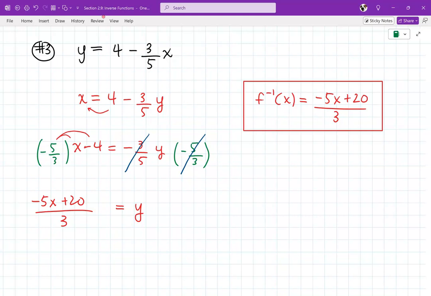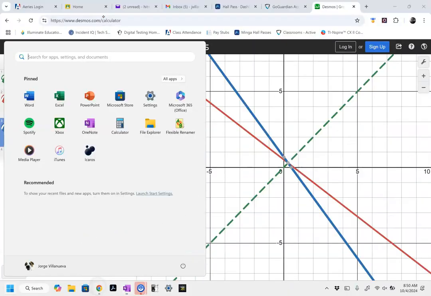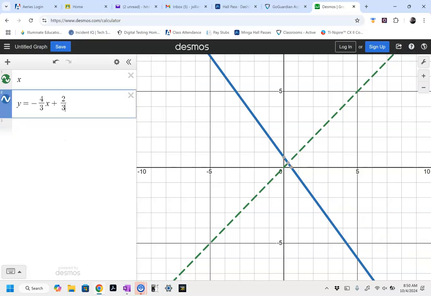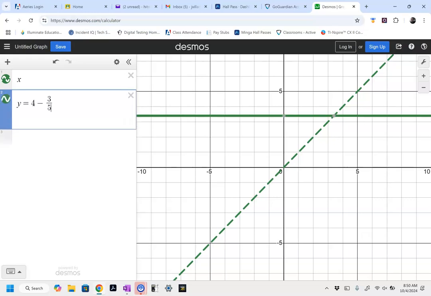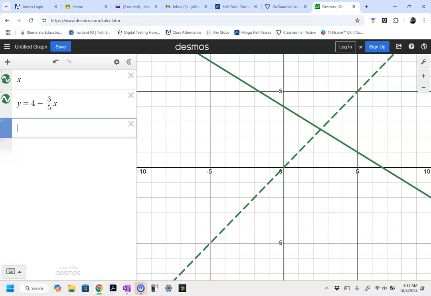So 4 minus 3/5 x. Let me check it. So I'll erase this. I'll erase that. Y equals 4 minus 3/5 x. And then the other one was negative 5x, thank you. Plus 20 or minus 20? Plus 20.